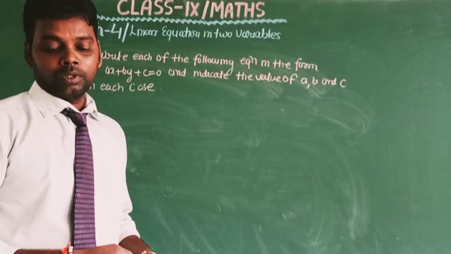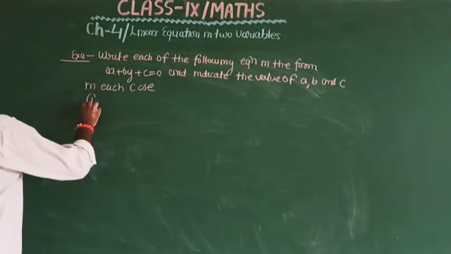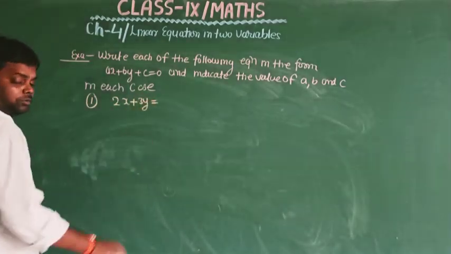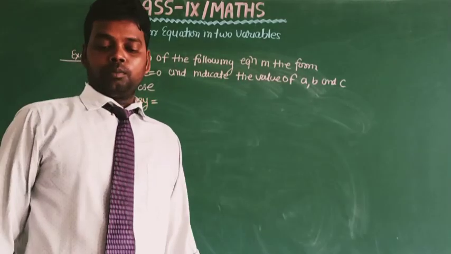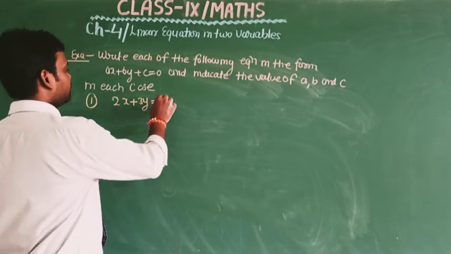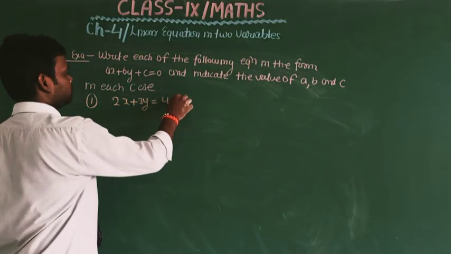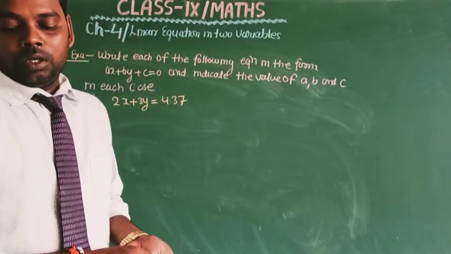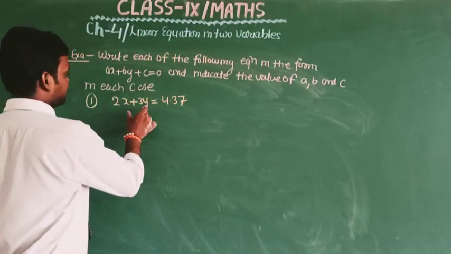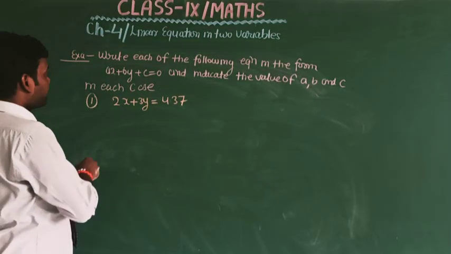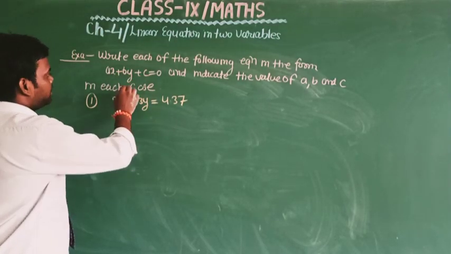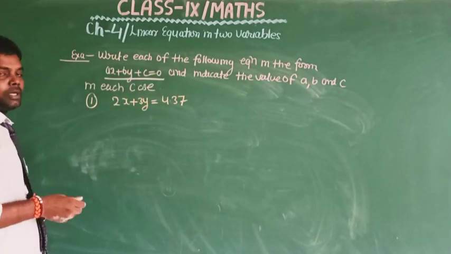The first is 2x plus 3y equal to 4.37. As we have already said, the equation is written in the form ax plus by plus c.